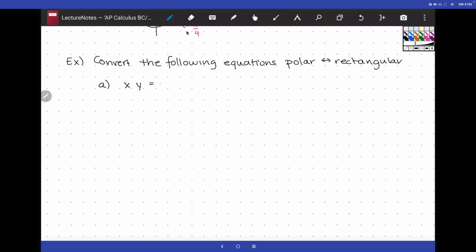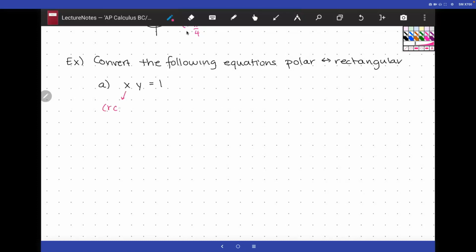When you start with rectangular, xy equals 1, for instance, I want to write this in polar. I said this is easy. How is this easy? Anybody know what we do? Why is this easy? Remember those equations I gave you for converting the coordinates? We use those.